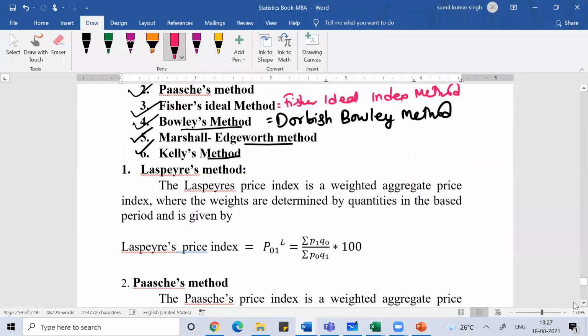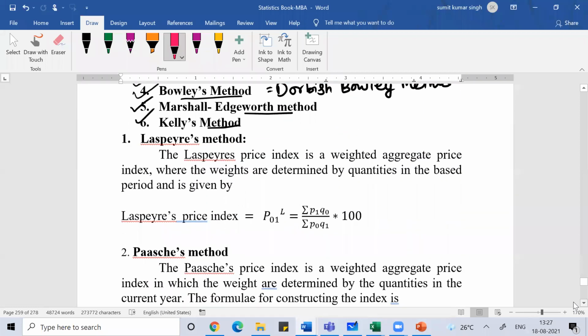So the Laspeyres method, this is the formula: sum of P1 Q naught divided by sum of P naught Q naught into 100. What is P1? P1 is the current year price.